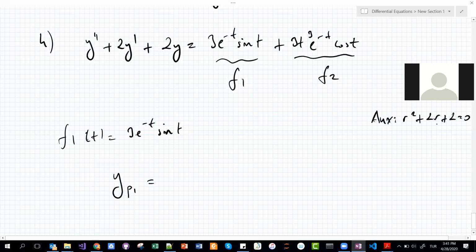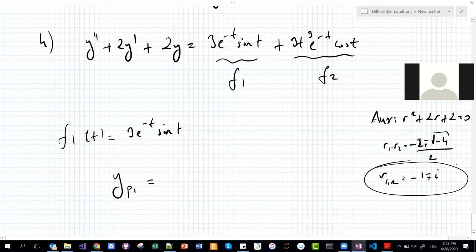And as you see, it cannot be factored. So the roots are r1, r2 = (-b ± square root of b squared - 4ac) over 2, which is -1 ± i. That's going to be my auxiliary equation roots.